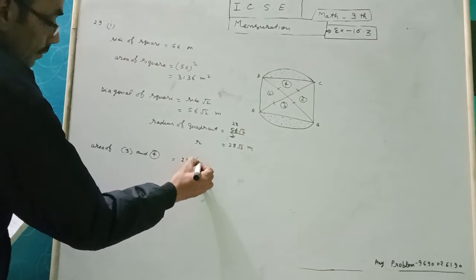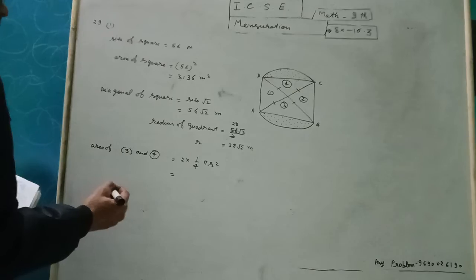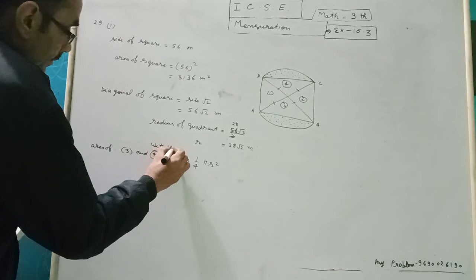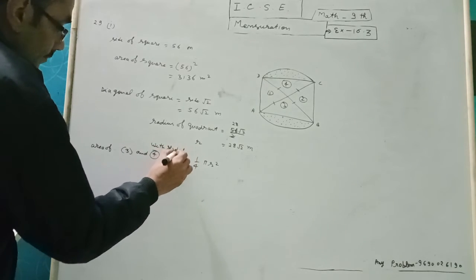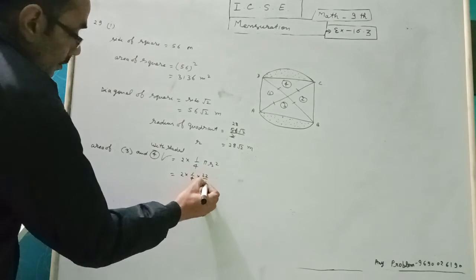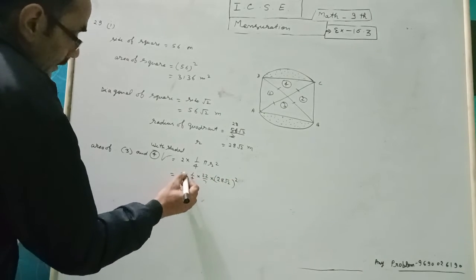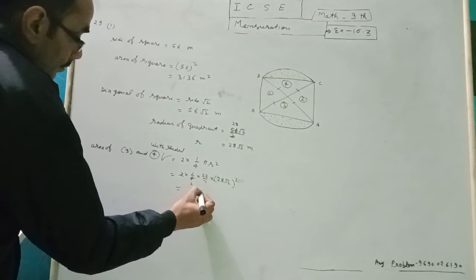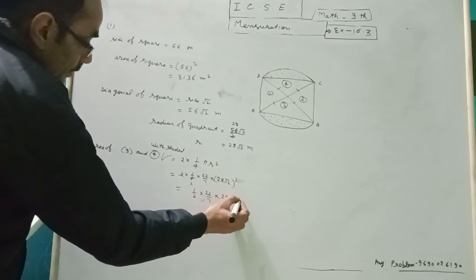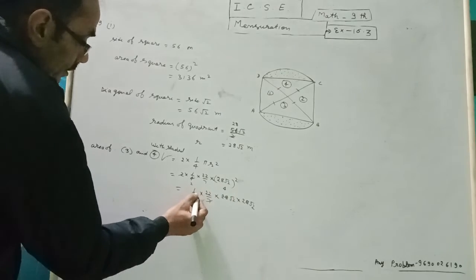Two parts, quarter formula is 1 upon 4 pi r square, with the shaded part. 2 into 1 upon 4 into 22 upon 7 into r value is 28 under root 2, divide by 2. 1 upon 2 into 22 upon 7 into 28 under root 2 into 28 under root 2.